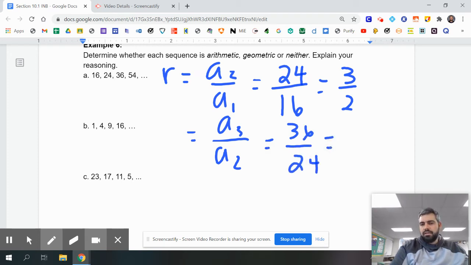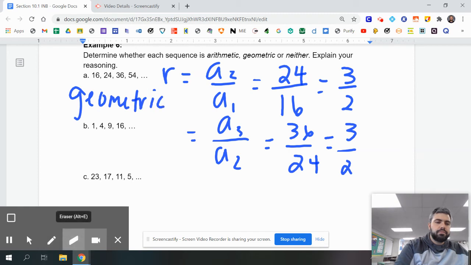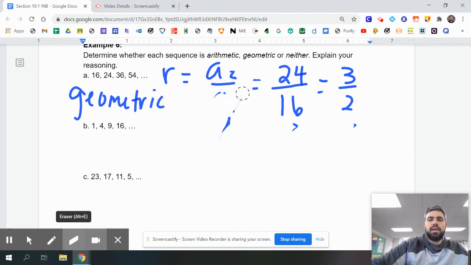And again, simplifying this, I get 3 over 2. Okay, well, that's helpful. And then if I did 54 over 36, I'll just verify it on my calculator. 54 over 36 is also 3 over 2. So it for sure is geometric. Okay, so we know that the first example, A, is geometric.